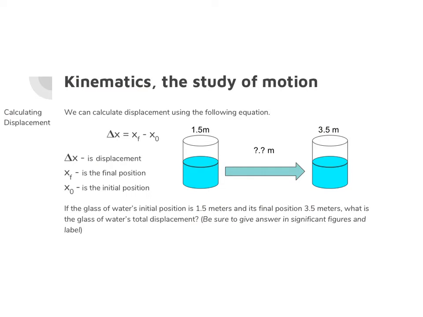Continuing. Calculating displacement. We can calculate displacement using the following equation. We have delta x, which is displacement, x of f, which is the final position, and x0, or the initial position.